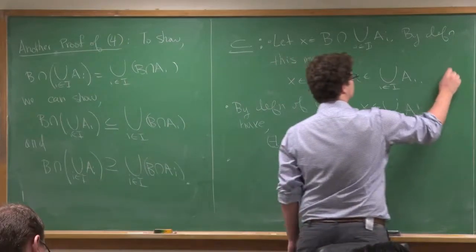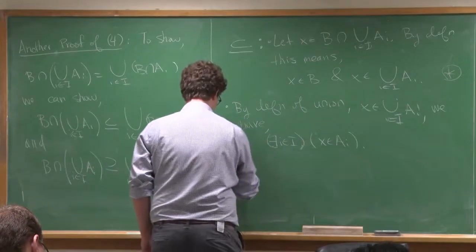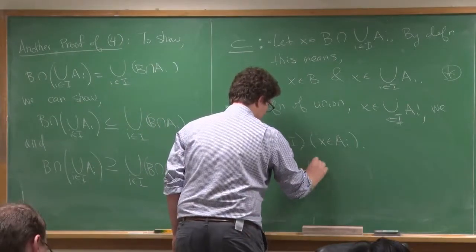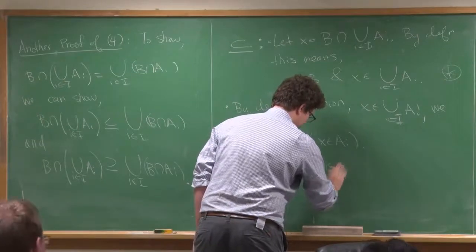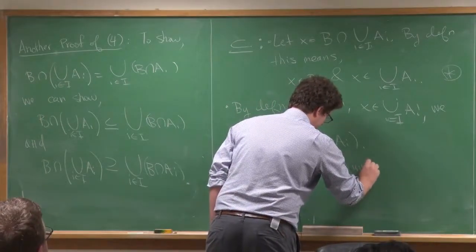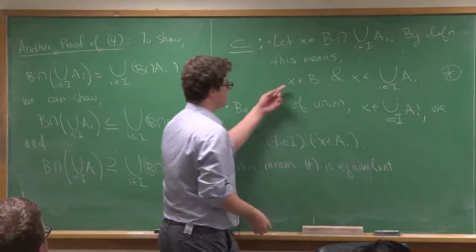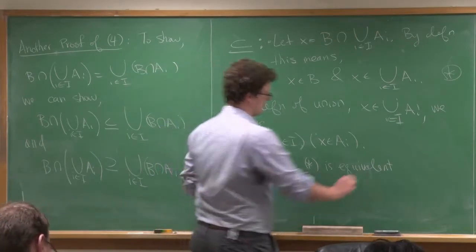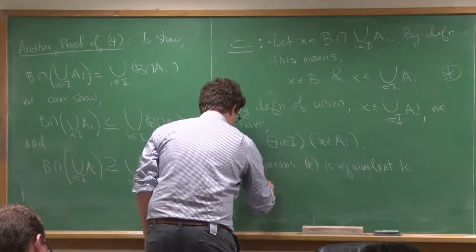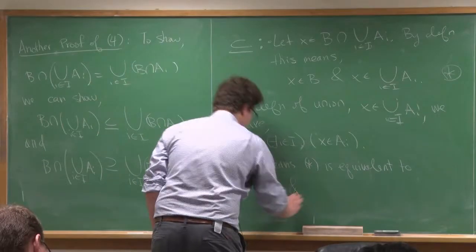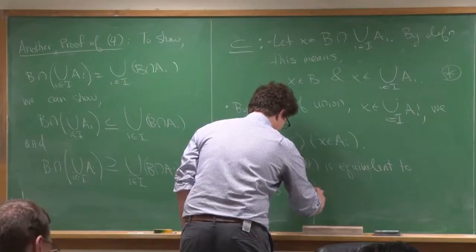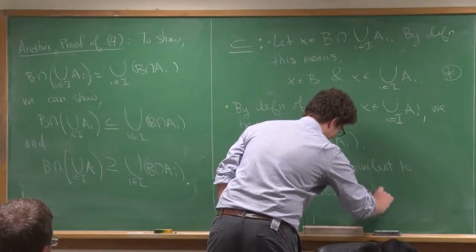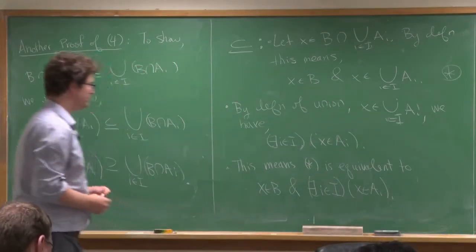Let's call this star. So star is equivalent to x is an element of B, and here there exists some i, an element of I, such that x is an element of A_i.